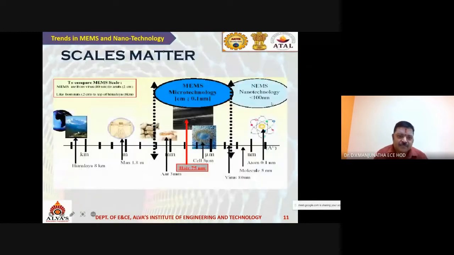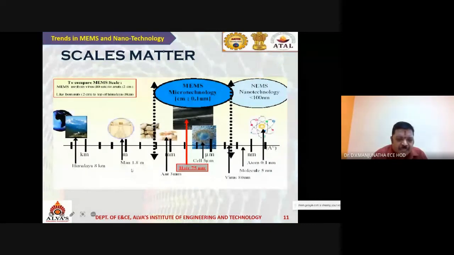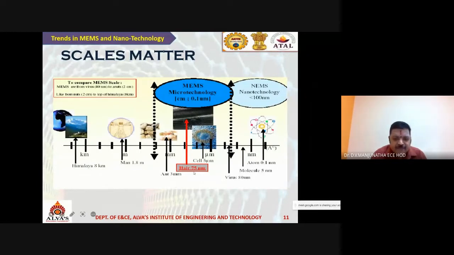So scale matters in MEMS technology. The height of the Himalaya is approximately 8 kilometers, right? The height of a man is 1.8 meters somewhere, right? An ant's size is 3 millimeters, right? The hair of a human is approximately 75 micrometers in size.